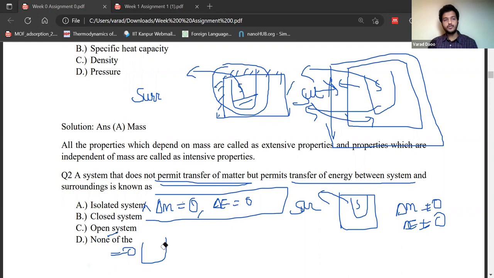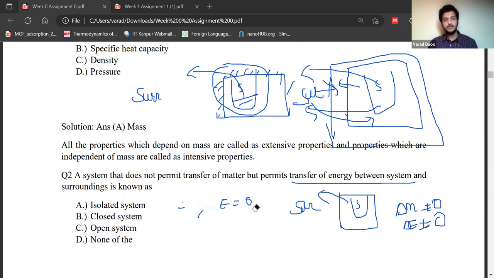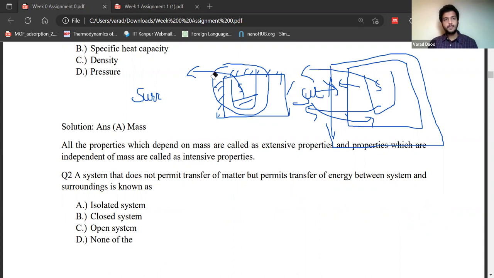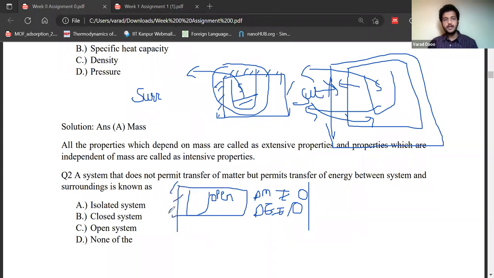That means, in short, for an open system, system and surrounding can exchange mass as well as energy, so both are non-zero. If in an open system you make an arrangement where mass transfer cannot occur, that is called a closed system.